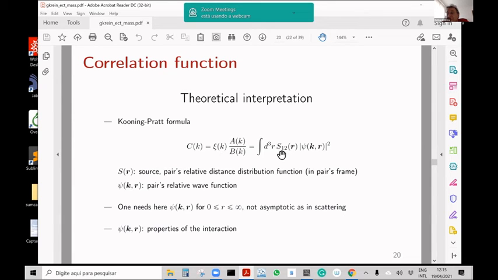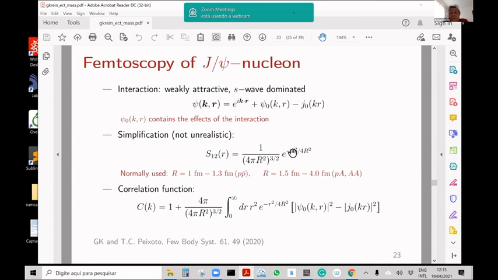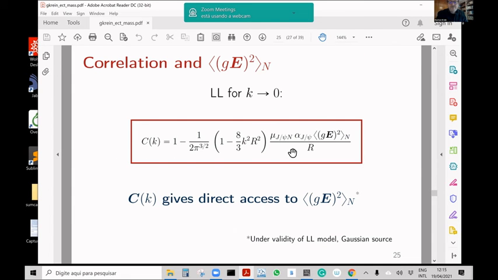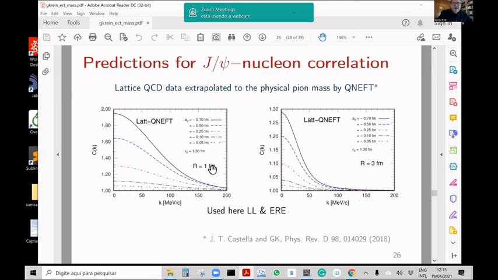Now, regarding the source size of a heavy ion collision, it is much larger than the emission source. If you look at the signals, they drop violently with the size of the source. You see, this is a source of 3 Fermis compared to 1 Fermi.